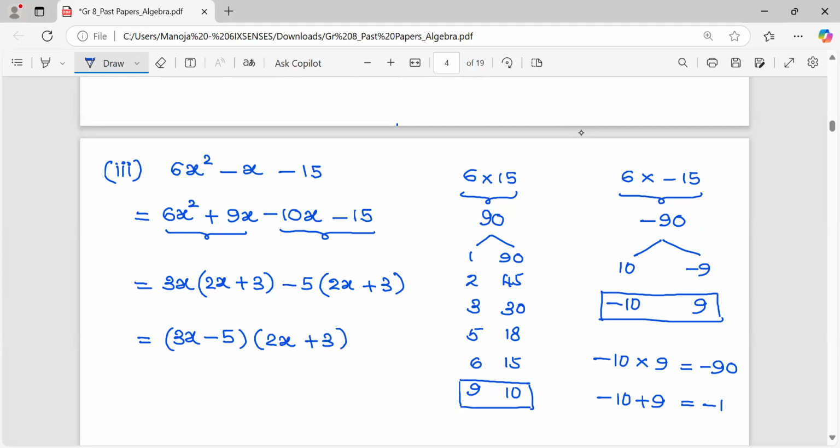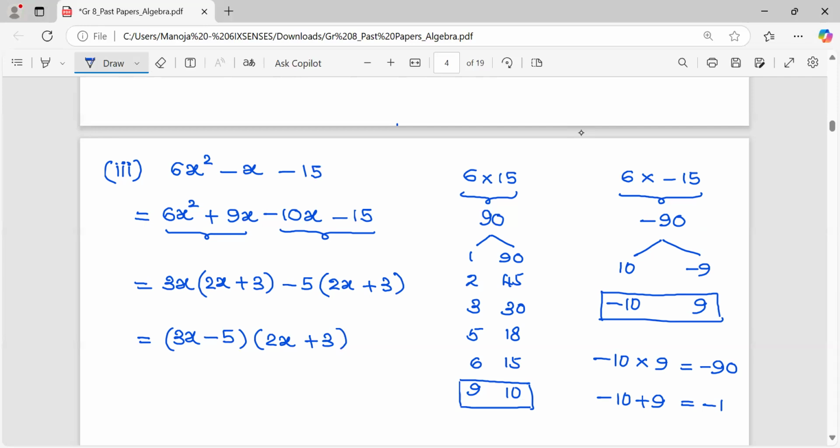I want to double check. First of all, I want to double check whether I wrote the question correctly: 6x squared minus x minus 15, right? That is done. Then 6 times negative 15 is negative 90. Out of the different options, I selected 9 and 10. So I can write either 10 times negative 9 or negative 10 times 9.